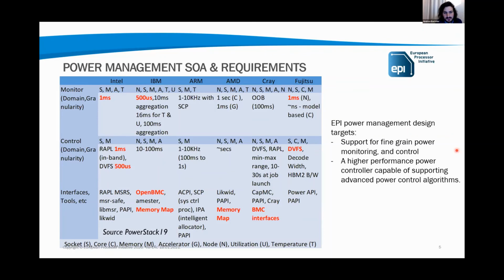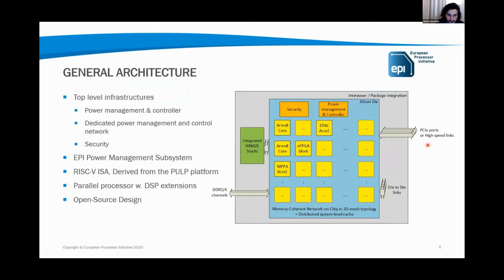So the target in the design, we target to support a power controller subsystem which supports fine-grained power monitoring and control, and which is also capable of implementing hardware advanced power controller algorithms. The design for the power management subsystem relies on a dedicated hardware subsystem and controllers, with a dedicated network for interacting with the sensors and actuators available in the system.